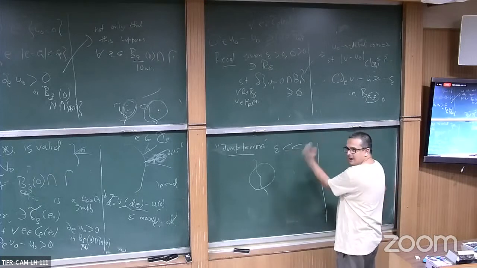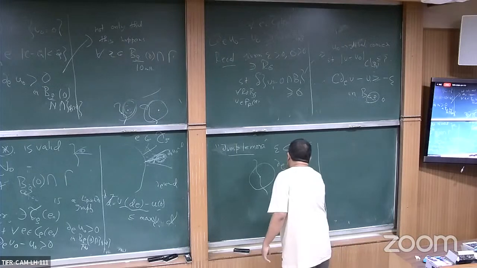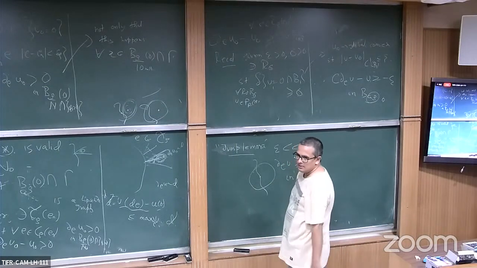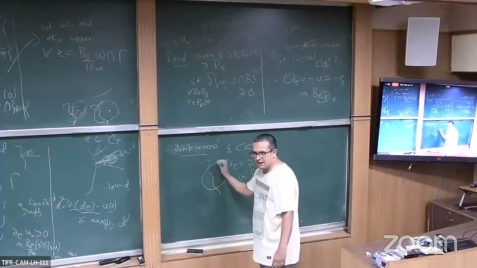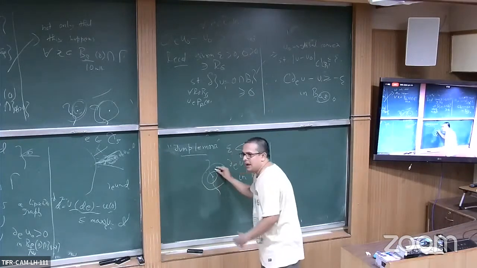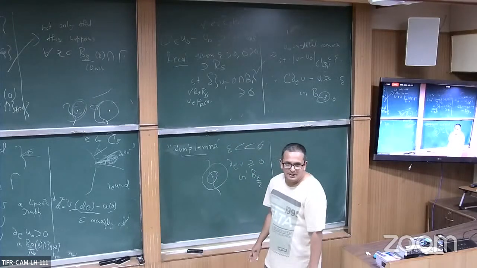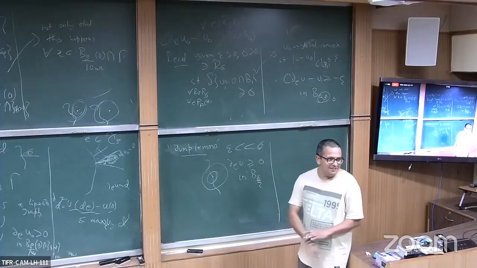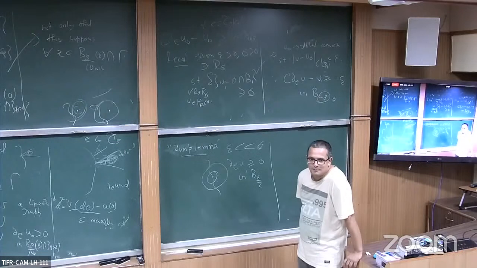So if epsilon is very small compared to sigma, then you have that del E of U is bigger than or equal to 0 in B sigma by 2. You see, there could be a little bit of negativity here, but if epsilon is very small, then in half the ball, I can improve my positivity. So Caffarelli calls it the jump lemma, and this will be a salient feature even in the thin obstacle problem that I will do tomorrow, where it could be equally competitive or equally demanding.